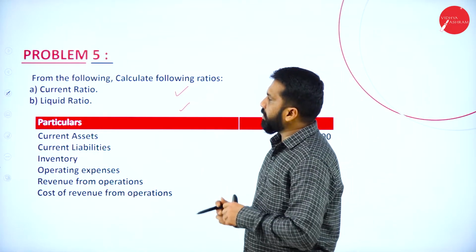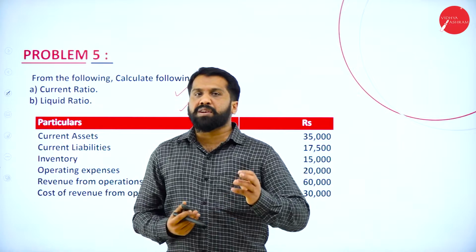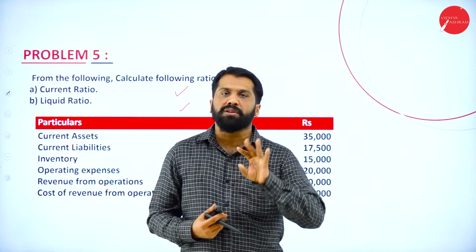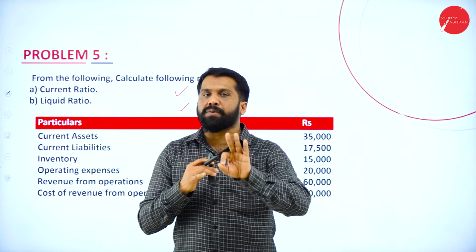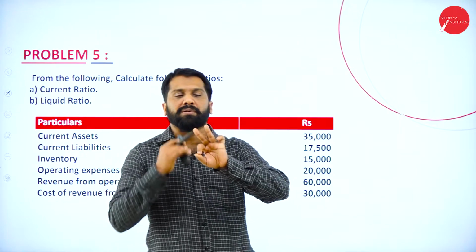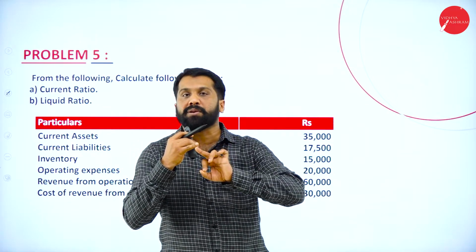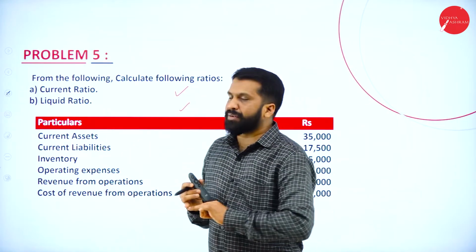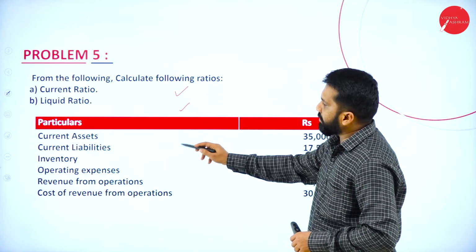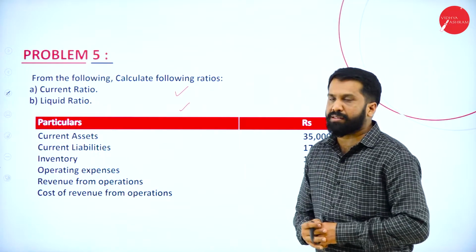Remember, the quick ratio we also call liquid ratio as well as acid ratio. All three are one and the same. Now, you have current asset and current liabilities also.